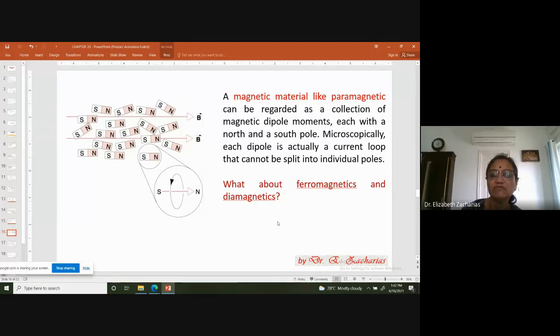What happens in the case of diamagnets? If you draw a similar picture for diamagnets, you will initially show no tiny magnets. Every atom is such that the net dipole moment is 0.